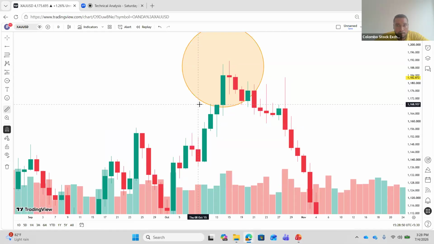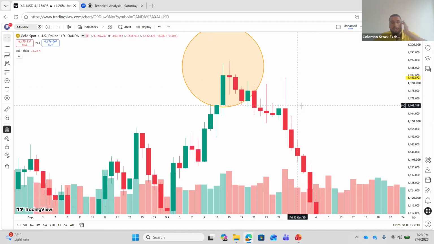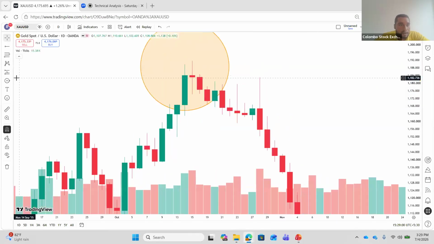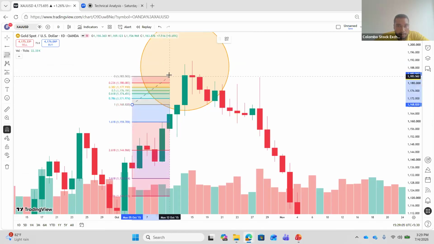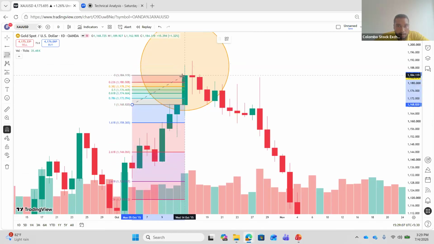Like this, 50%. No, you can't measure it like that. You can actually use this retracement. This is the 50% level. 0.5 is the 50% level.